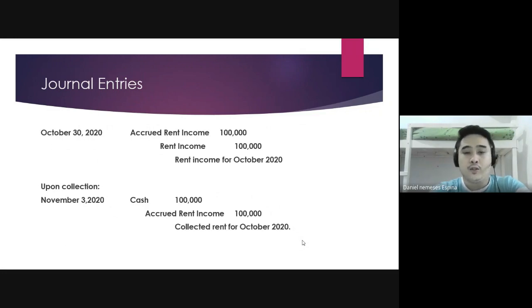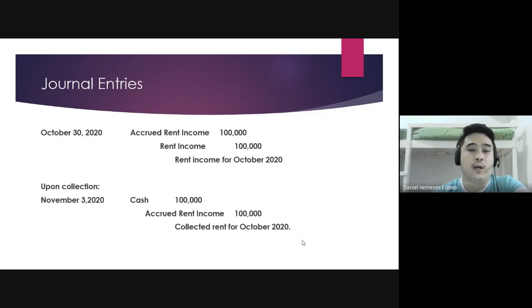So what would be the entry if you have already collected the rent? Of course, if you have collected, you will receive cash. And then your accrued rent income needs to be decreased, or needs to be zero. So debit cash 100,000 and then you credit accrued rent income 100,000.